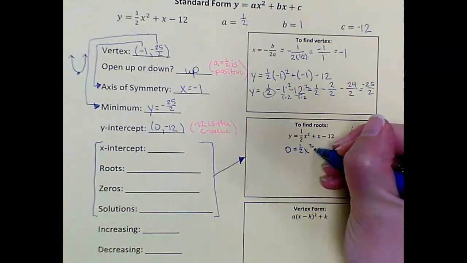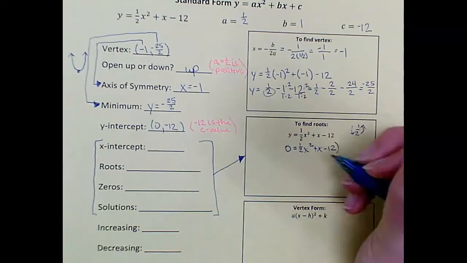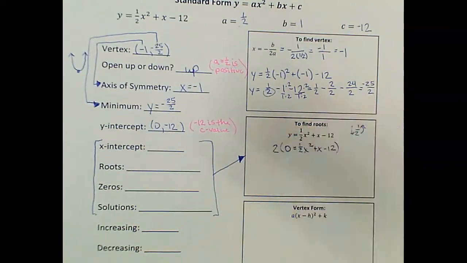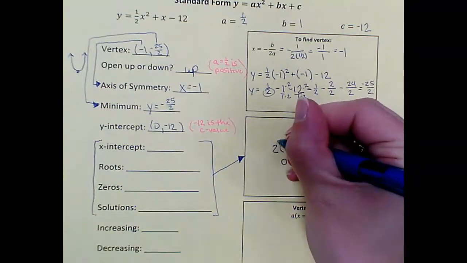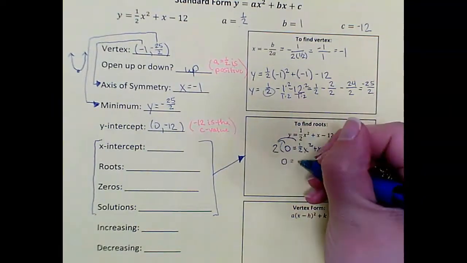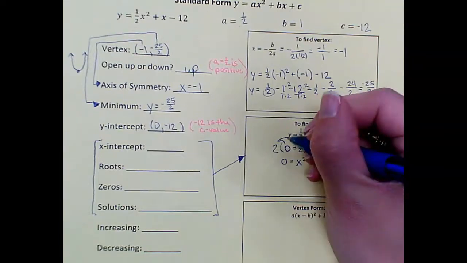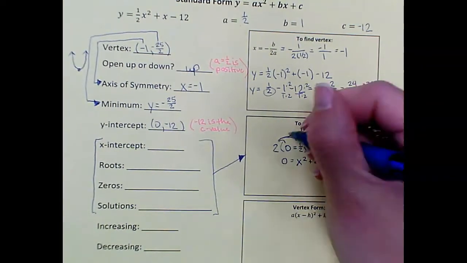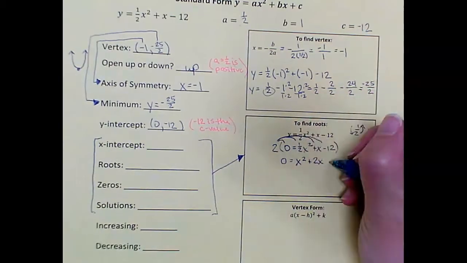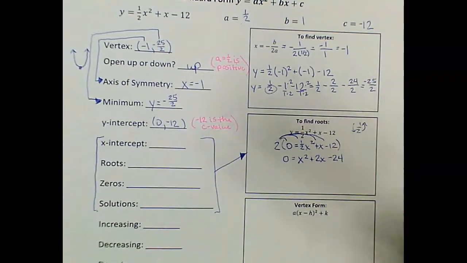I'm going to write my equation, and I'm going to multiply it by 2, and that way I don't have that 1/2 right there anymore. So 2 times 0 is 0. 2 times 1/2 x squared is 1x squared. 2 times x is 2x. And 2 times -12 is -24.